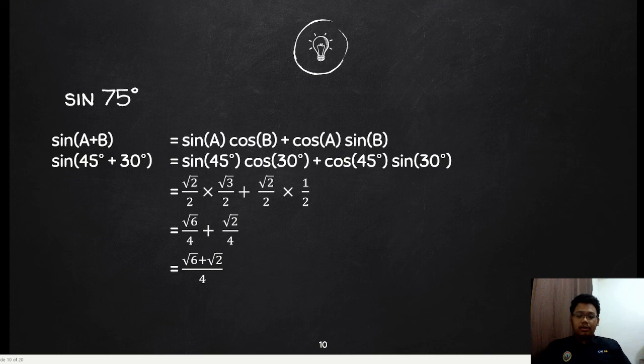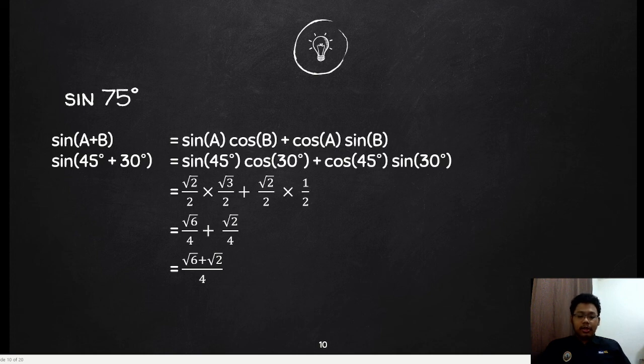It will be square root of 2 over 2 multiplied by square root of 3 over 2 for the cos 30, which is adjacent over hypotenuse. And cos 45 will be the same, square root of 2 over 2. Sine 30 we already calculated is half.